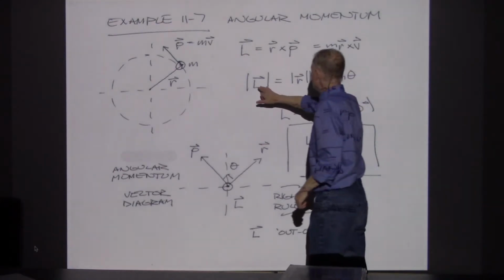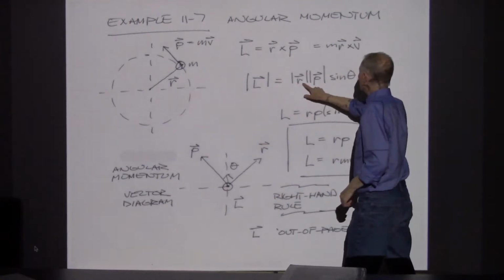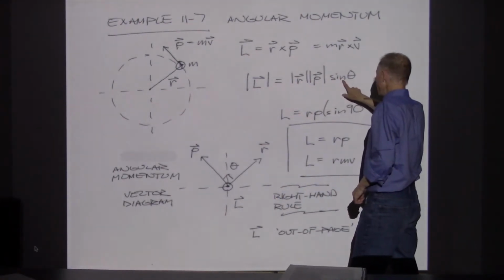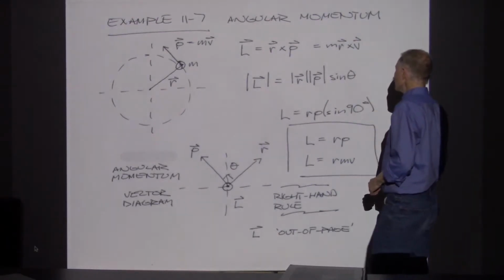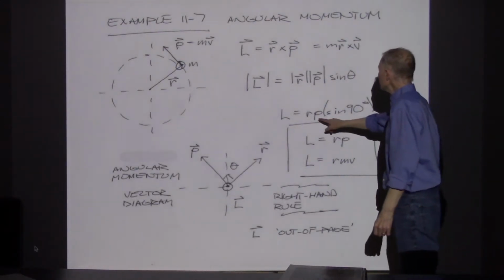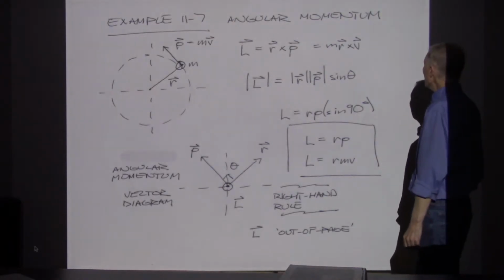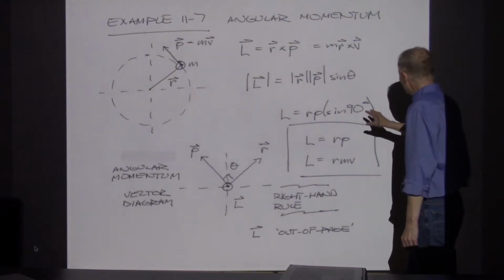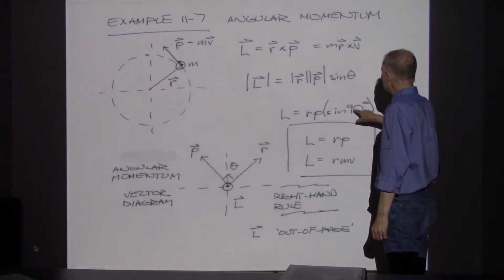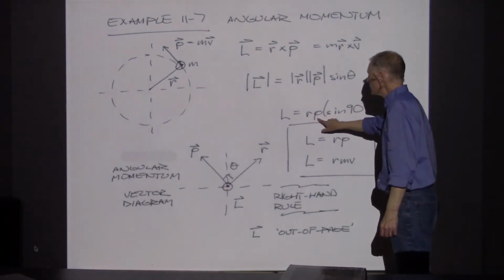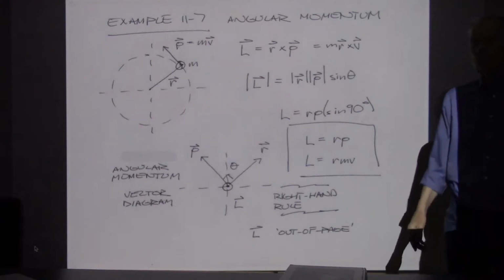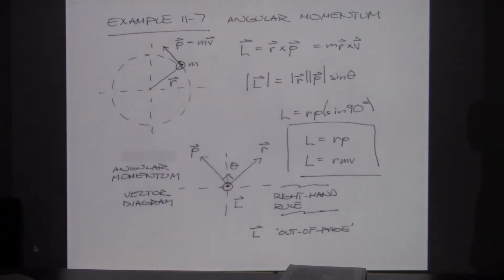And the magnitude of r cross p is r times p times the sine of the angle between them. Here, if it's circular motion, if the r and the p are perpendicular to each other, then it becomes the sine of 90 degrees, which becomes 1.